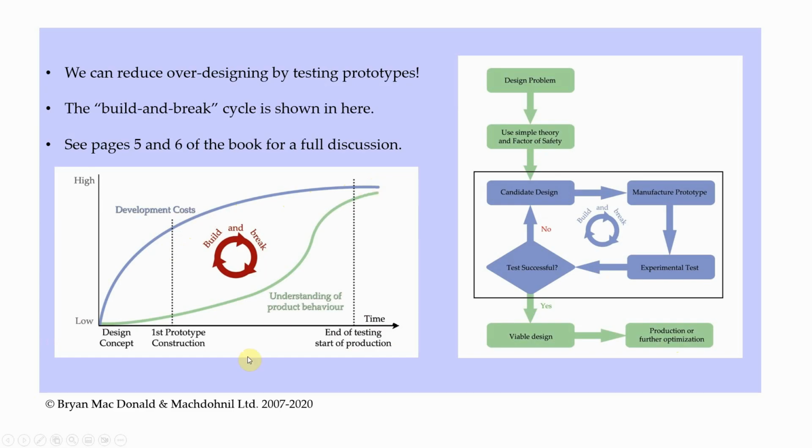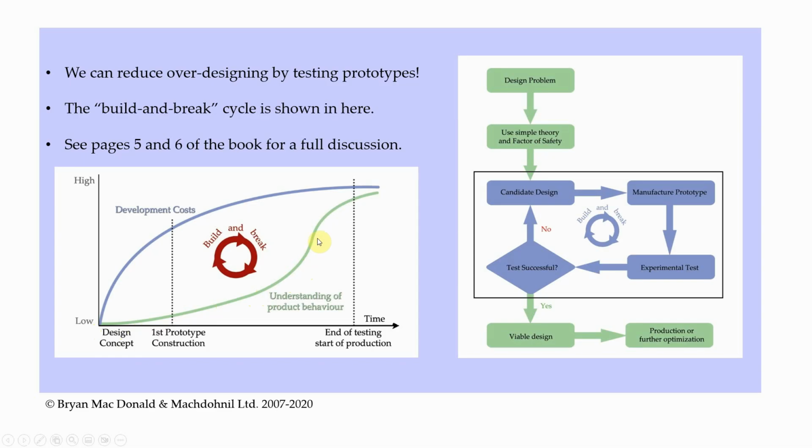If we then take a look at the green line, it shows us the designer's understanding of the product behavior. At the start of the process, the designer's understanding is quite low, and after we build the first prototype it starts to rise. But the more prototypes you test, the more you learn about the product behavior, and the more you see what the key points are in the product, maybe the stress concentrators, the things that are causing it to break, and you understand those.